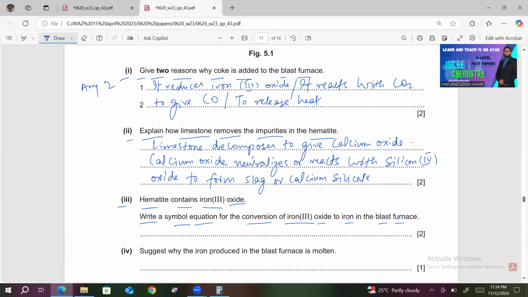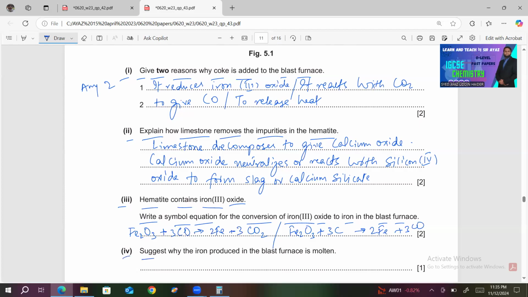If you want to write a reaction with carbon monoxide, the reaction must be Fe2O3 plus 3CO, and you will get 2Fe plus 3CO2. Or if you are reacting it with carbon, Fe2O3 plus 3 moles of carbon gives 2Fe plus 3CO. You can write any one of these.